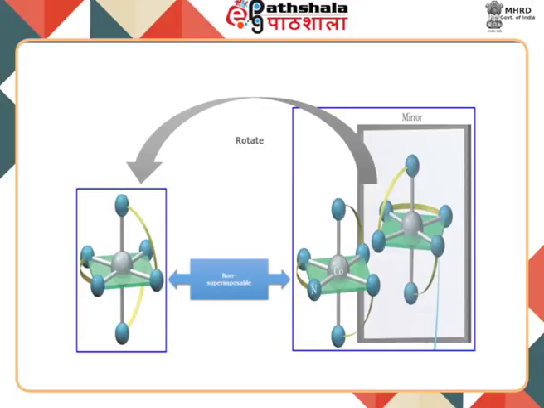Complexes with 3 rings such as cobalt(III) can be viewed like a propeller with 3 blades. The structure can either be left or right handed with non-superimposable mirror images.